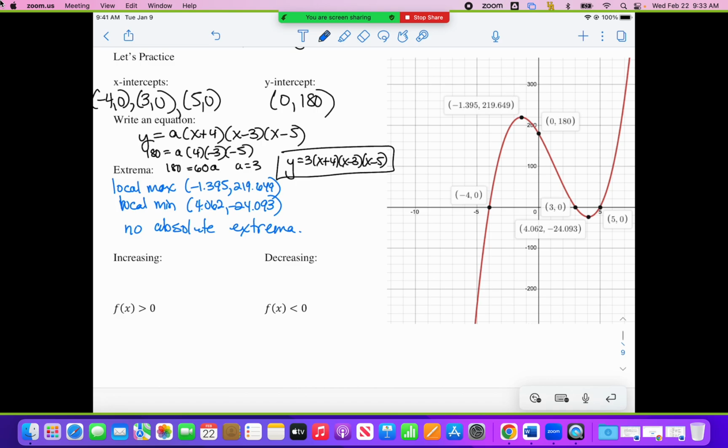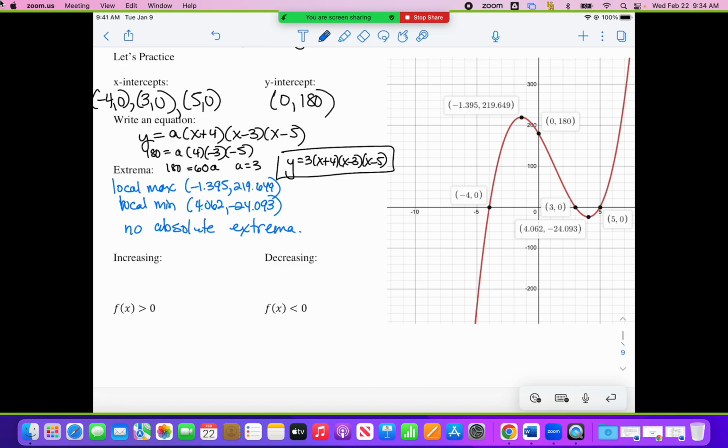So we're going to review what we did yesterday. Where is the graph increasing? You look at a graph from left to right. So we did this yesterday, so this is our second time through it. You look at a graph from left to right, and increasing is what x values describe where the graph is rising.